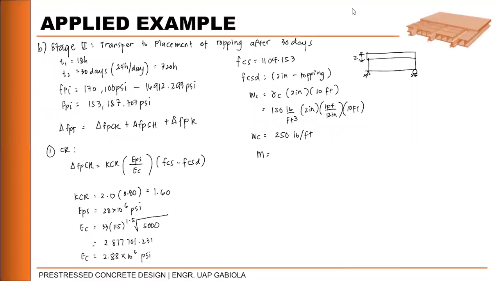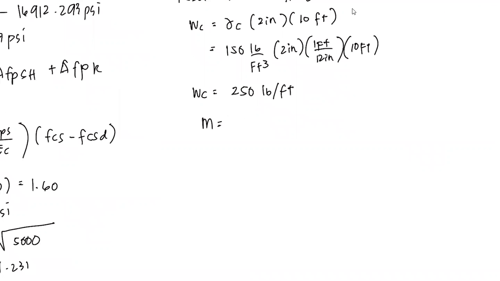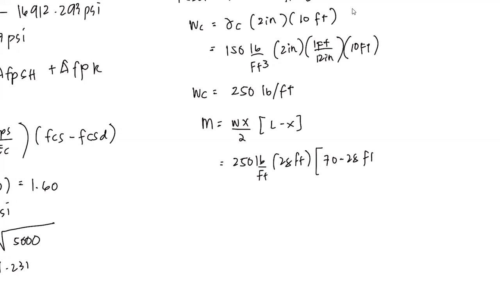So this is Wx over 2 times L minus X. So 250 pound per foot times 28 feet, then 70 minus 28 feet over 2. So moment natin, pang calculating, 250, 28, 70 minus 28, divide natin ng 2.